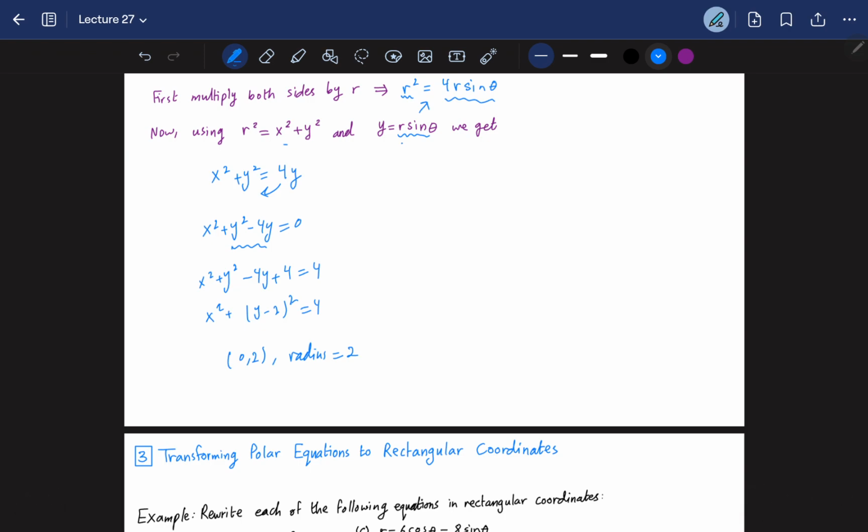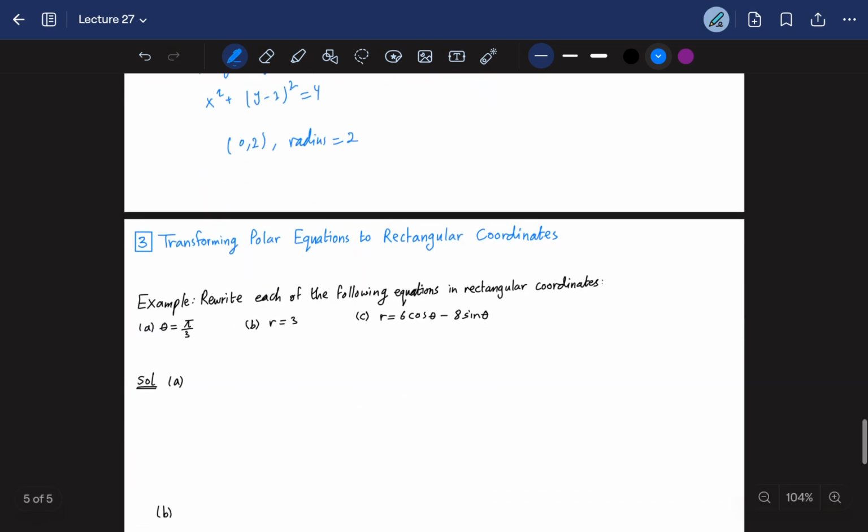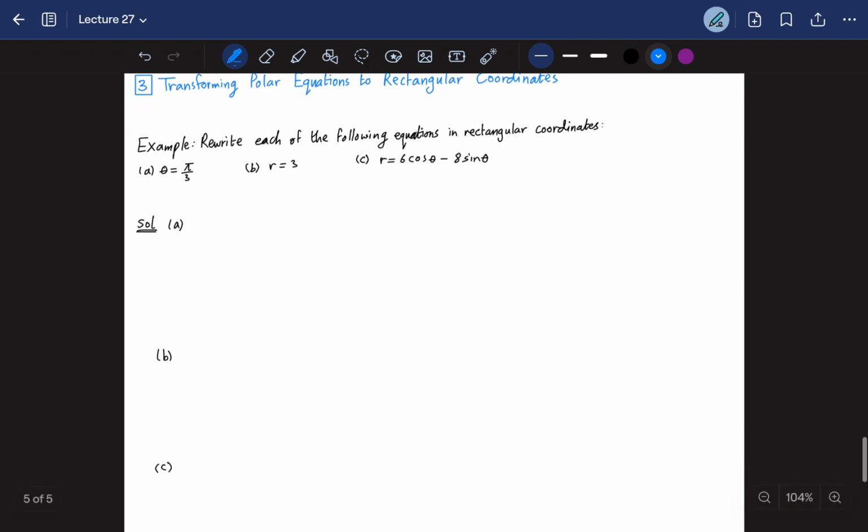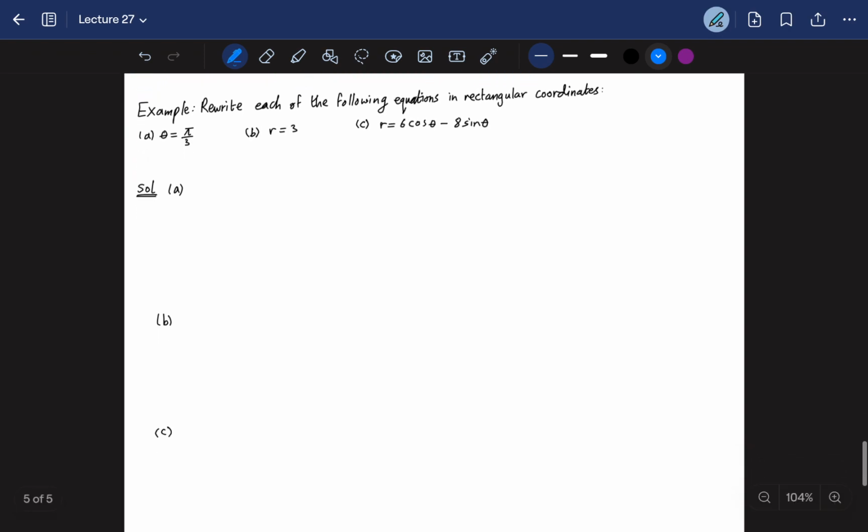So it's all about the equations that we talked about at the beginning of the video. These equations can convert any polar equation to a rectangular equation and the opposite. So now let's take other examples. If I have theta is equal to pi over 3, whenever you have theta, you think about tan.